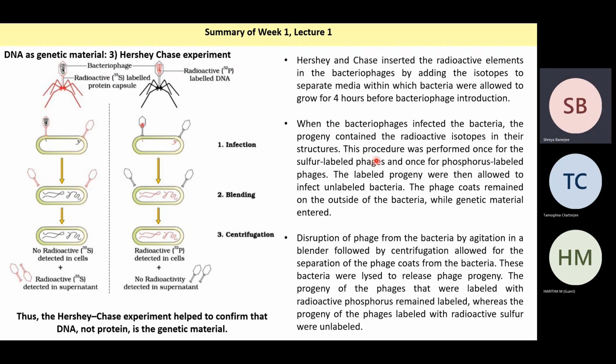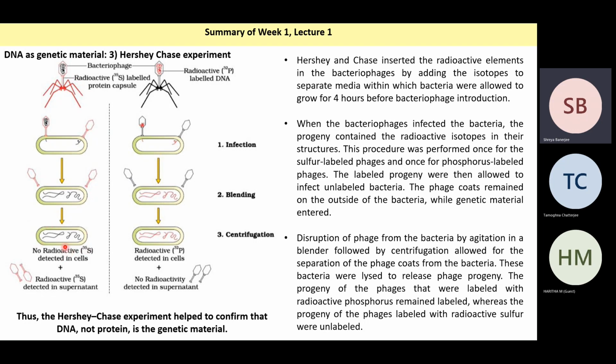Once this infection was done, they had done a process called blending, by which the viruses had been removed from the cell, but the DNA that was inside the viruses was injected inside. Then they had centrifuged and found that the protein labeled with 35 sulfur was not detected inside the cell.